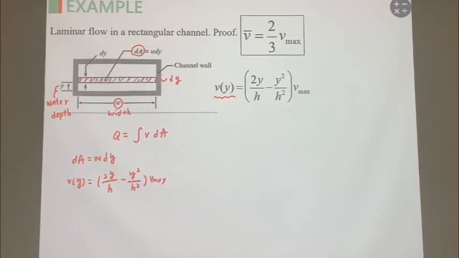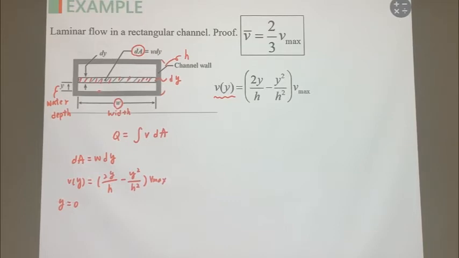So what is h? H is the total water depth. Based on this formula, if y is equal to 0, that means your location is at the bottom of the channel, right?